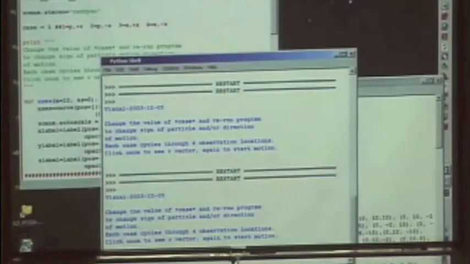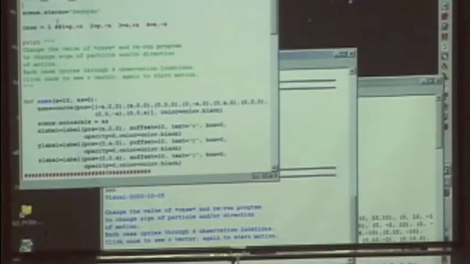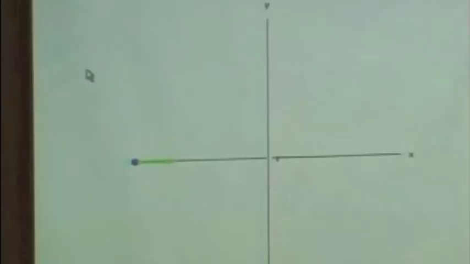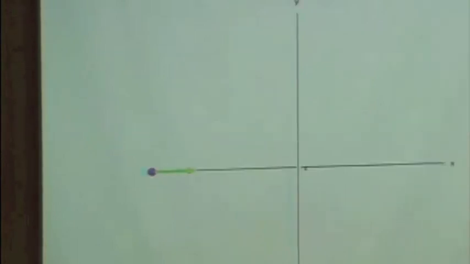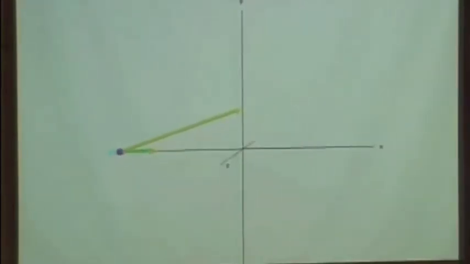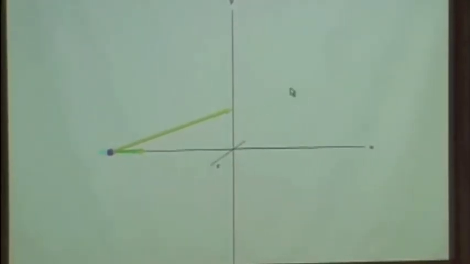Now, there is another case that we need to think about, which is, what if it's an electron instead of a positive charge? So I'm going to change the sign of the charge to be negative. Now we've got an electron here, and we're going to look first at that observation location.